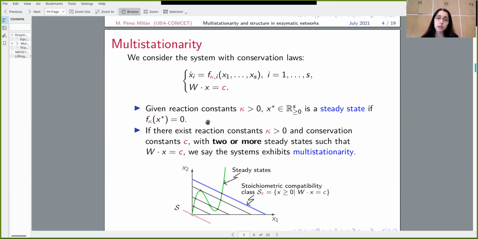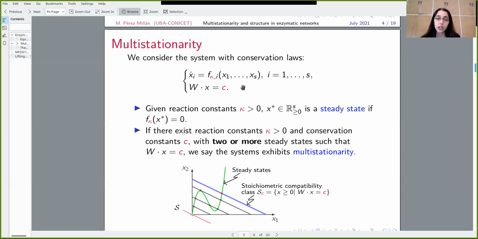And given positive reaction constants kappa, X star, a non-negative X star, is a steady state if f of X star equals 0. So in other words, X star belongs to the variety determined by these polynomials f.